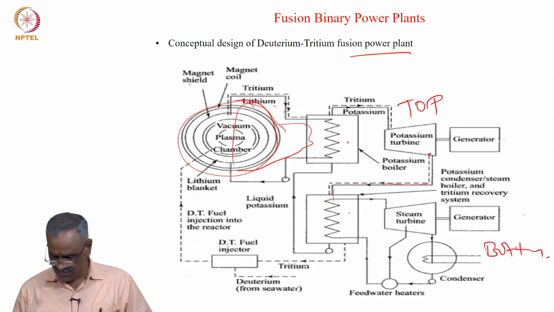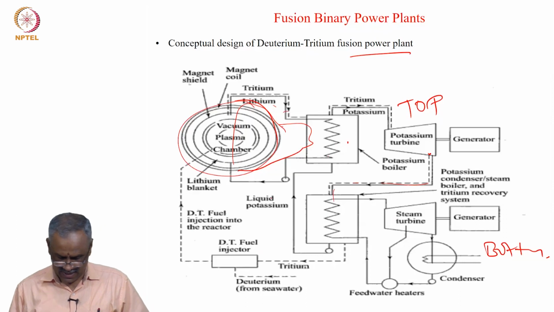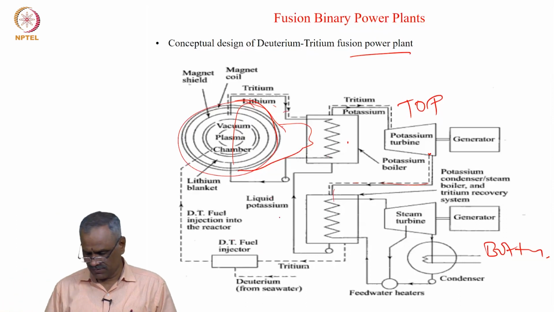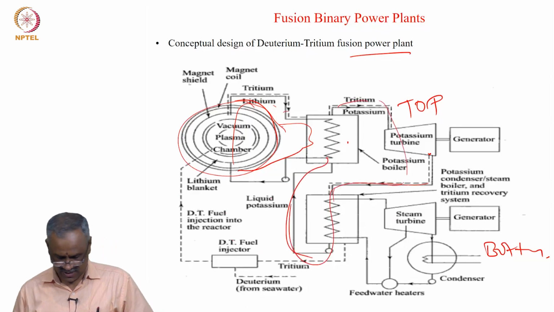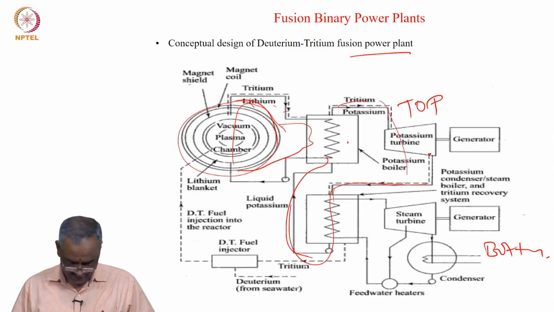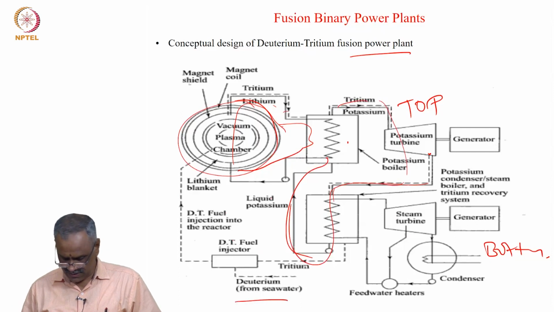Here steam, H2O, is used as the bottoming cycle, and then there is the same here, and you have the lithium blanket, and liquid potassium comes here, goes back as liquid and becomes vapor, and this is a cycle. The deuterium is produced from seawater.